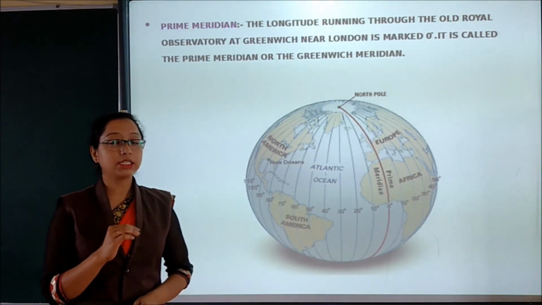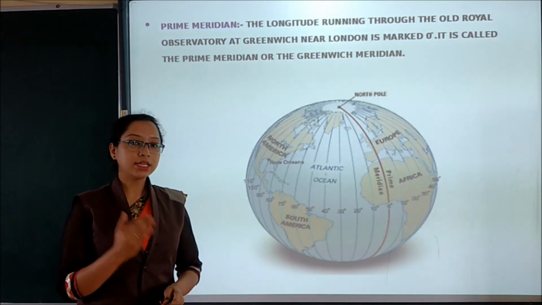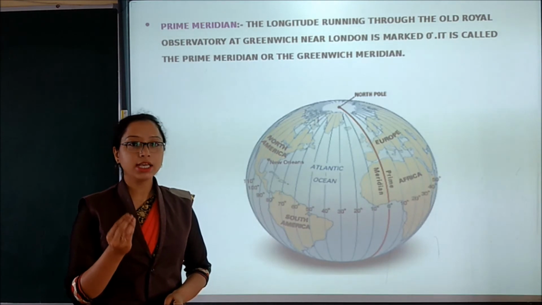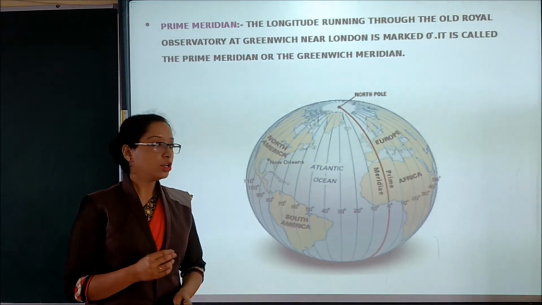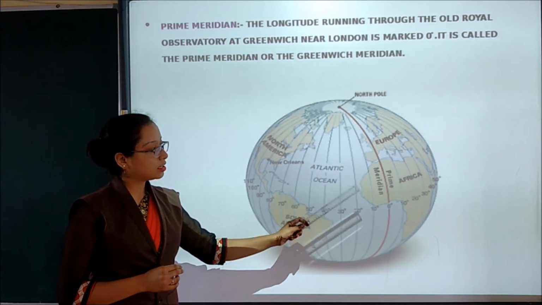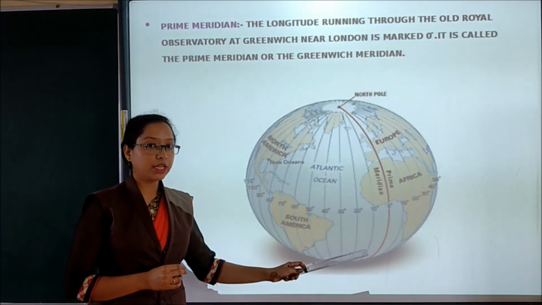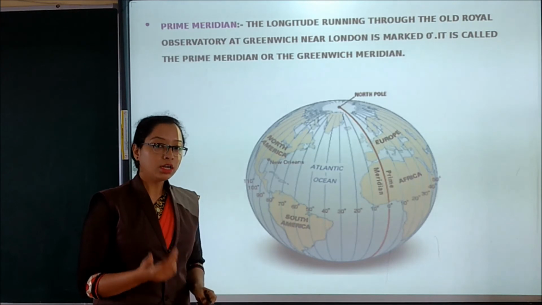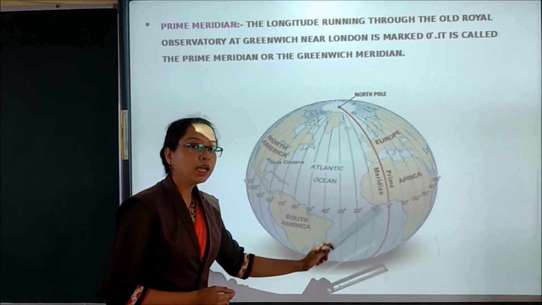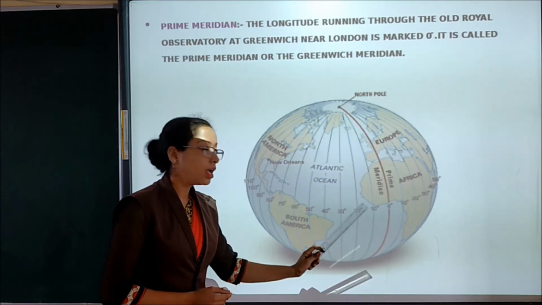For example, we can take St. Joseph Convent School is at Itarsi, and Itarsi is in Madhya Pradesh. So likewise, this prime meridian is located in the Old Royal Observatory at Greenwich near London, and this is marked as the 0 degree meridian or the Greenwich meridian.